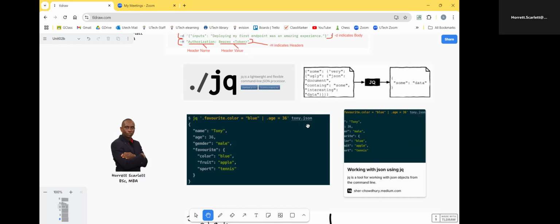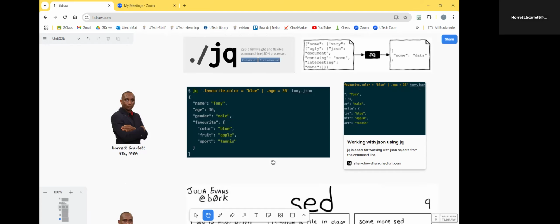The JSON source that we are querying is going to be the file called tony.json. And what we have here in JSON format is the output that we would have obtained from this tony.json file. This is just an example of how we can go about making use of the JQ command. And once again, in the practical session, you'll have a chance to do something related to this, so you get some practice.